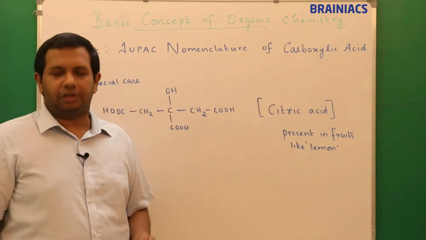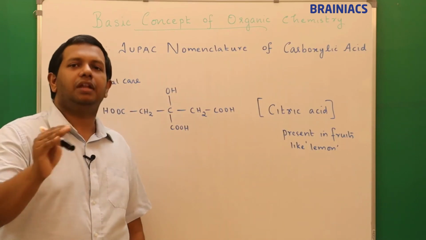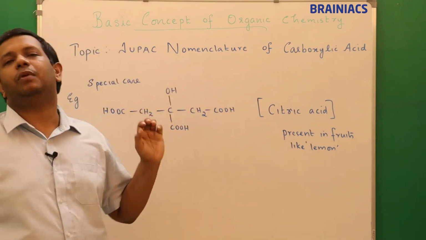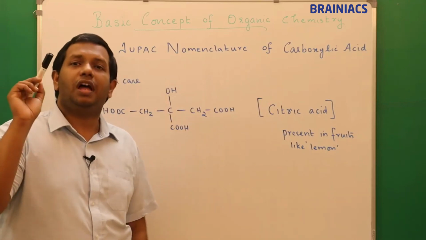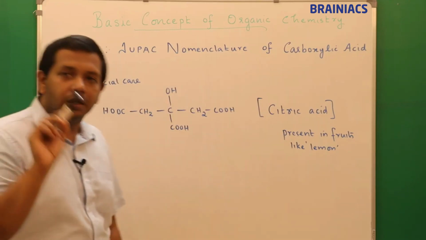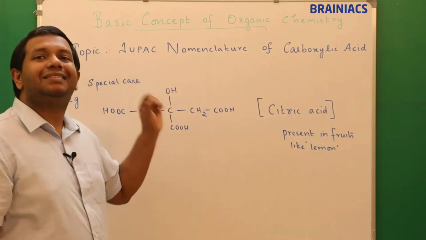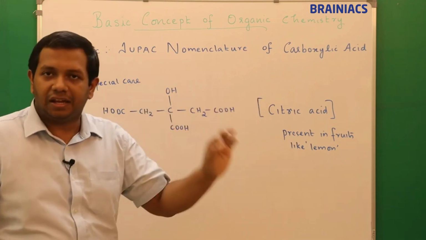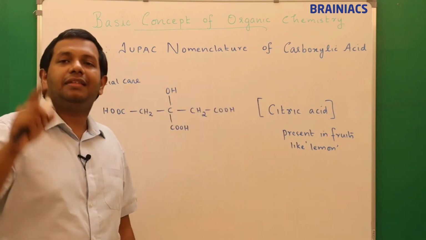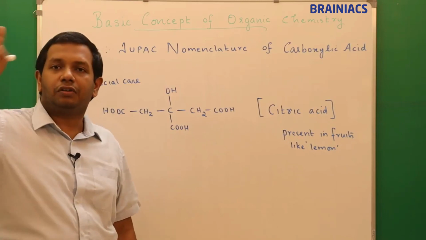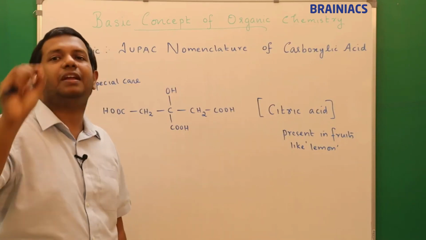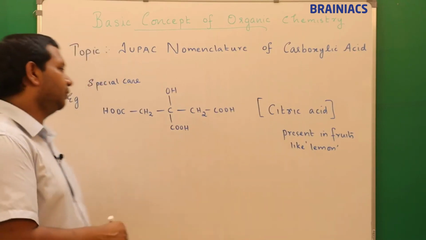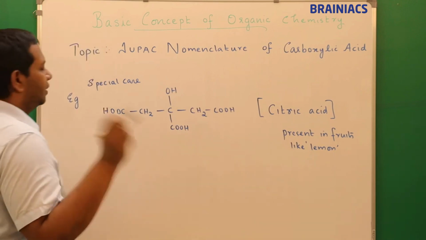The special rule states that if more than 2 carbon containing functional groups are part of the parent carbon chain, in that case not even a single carbon of that functional group is included in the parent chain. I hope you didn't understand. I will write it out. So the rule says that, listen here.